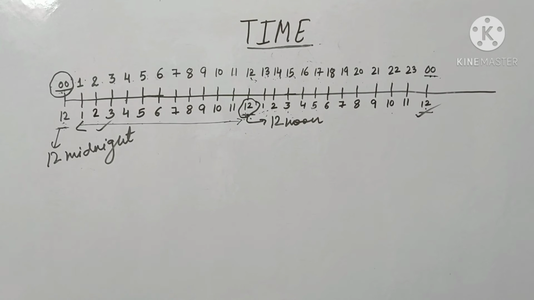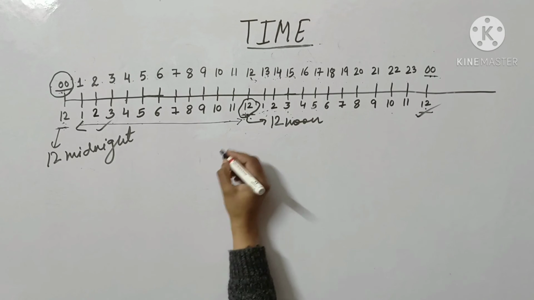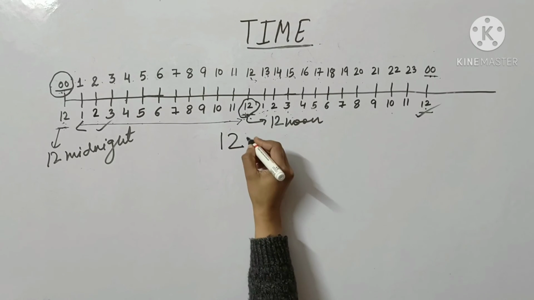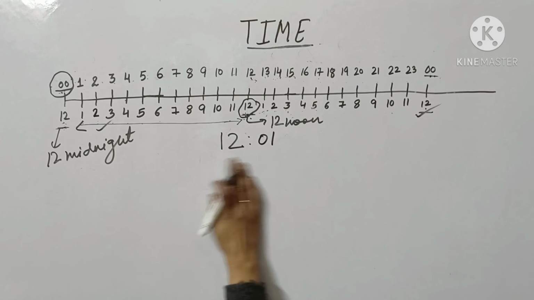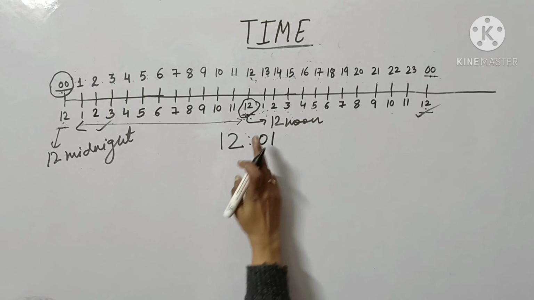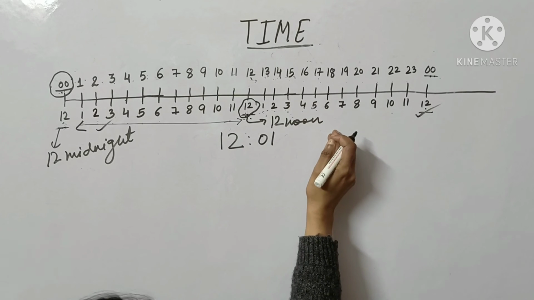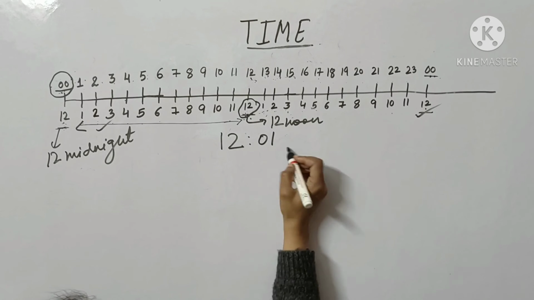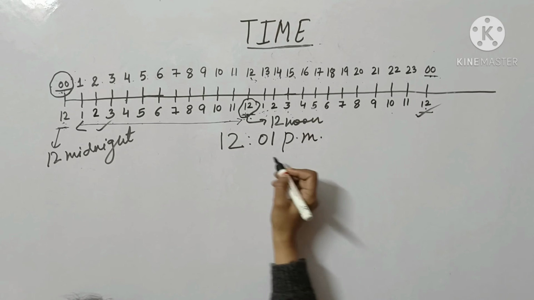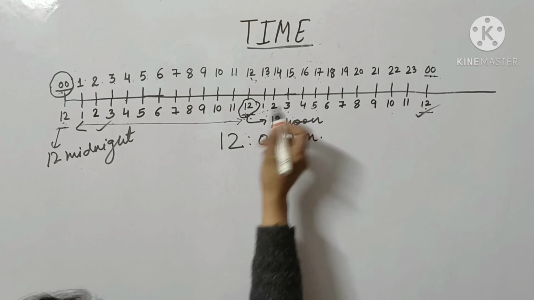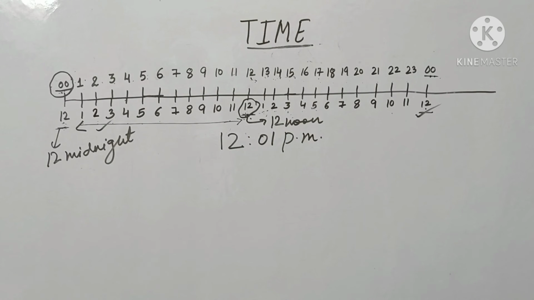We will say this is PM time. That is, suppose after 12 noon, a single minute has passed. Again I am writing the same time, but I am talking here about after 12 noon. Okay. So 12:01 PM. Because 1 minute has passed after 12 noon, we will write the time in PM only.